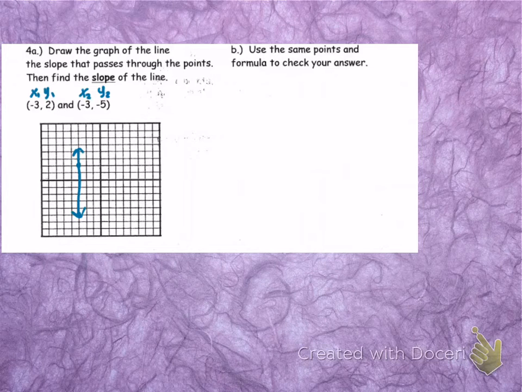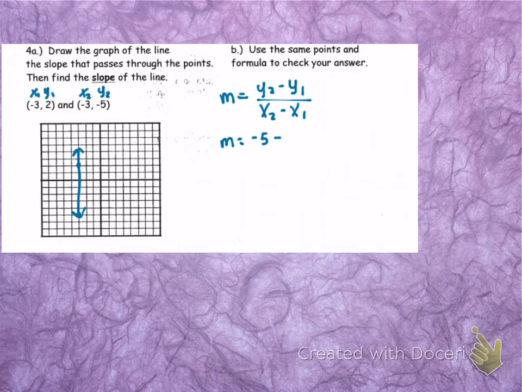Let's find our slope here. So we have m is equal to y sub 2 minus y sub 1 over x sub 2 minus x sub 1. Again, writing that because partly we want to make sure that we have that memorized. And then we can plug in our values. So our second y value is -5.